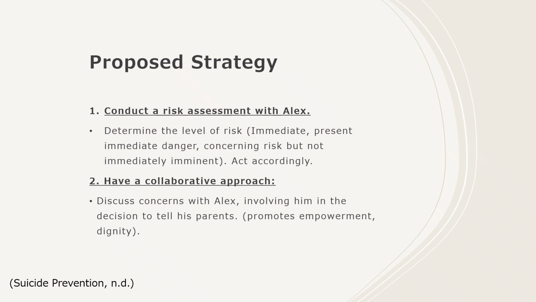And number 2, you should have a collaborative approach, and that includes discussing concerns with Alex, involving him in the decision to tell his parents, and making sure he understands what the plan is going forward. And this can promote empowerment and dignity to Alex and let him know that he shouldn't be shamed for what he's going through.